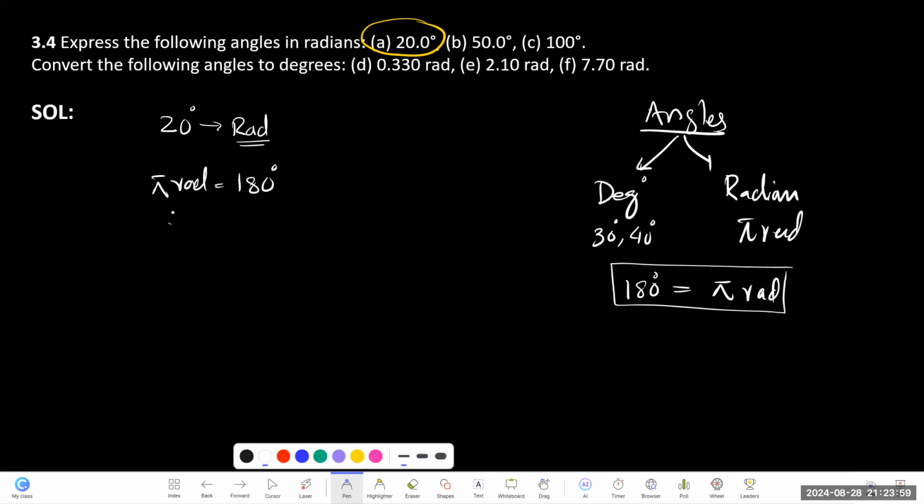So I'm going to take 20 degrees and multiply it by pi over 180. If you multiply, the answer is going to be 0.35 radians. So 20 degrees equals 0.3 radians.